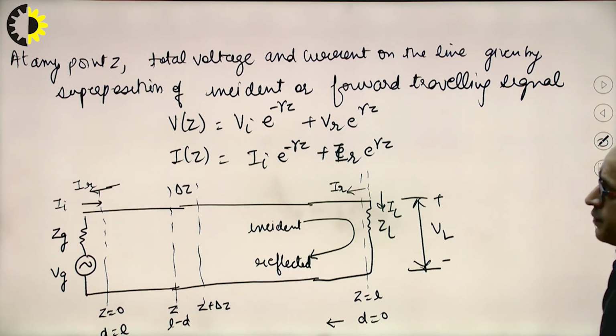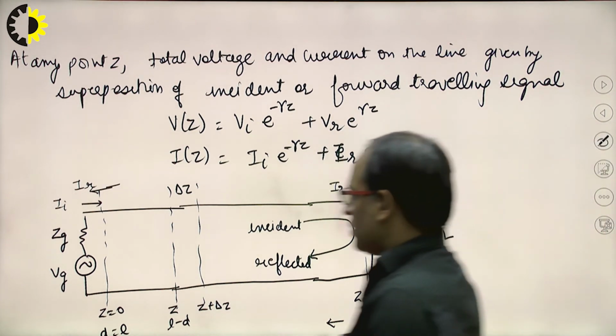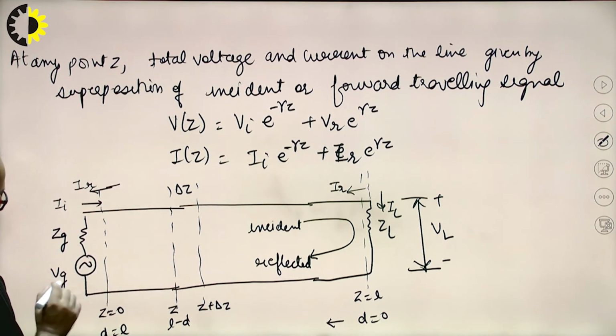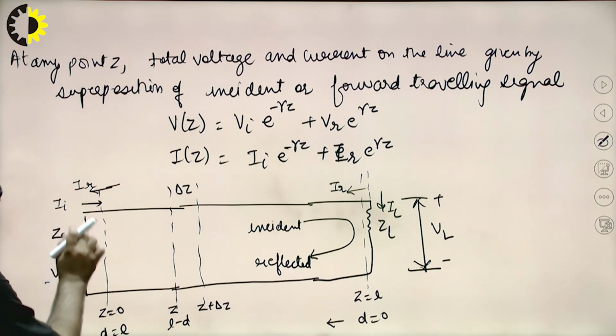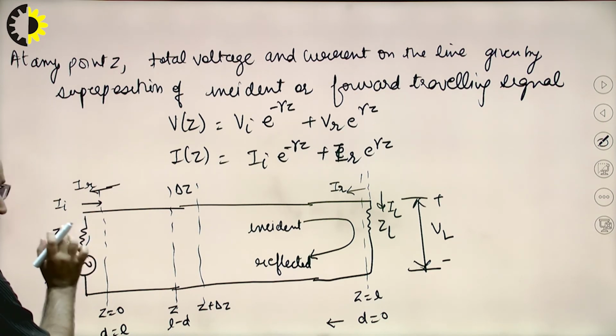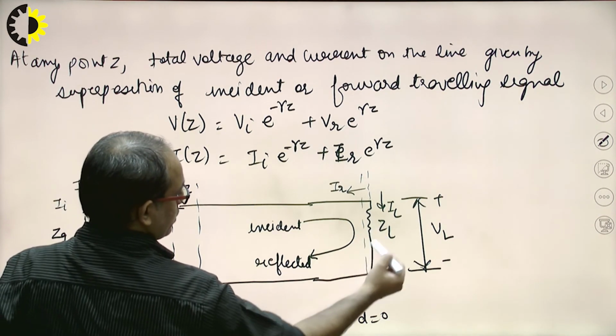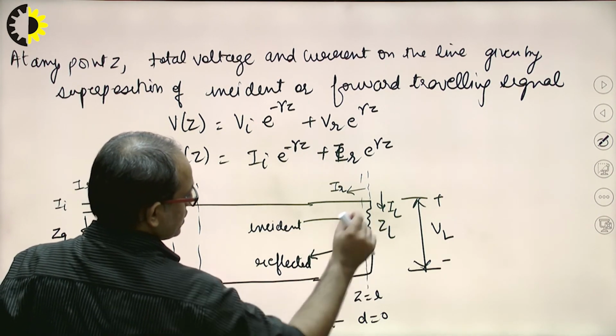Now see this one. This is a transmission line. Let's say this one is the input signal from a generator having a voltage Vg, and this one is the impedance at the generator side, that is Zg, and this one is the load impedance at the load, that is Zl.